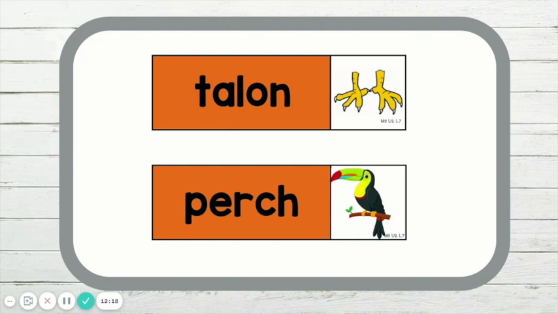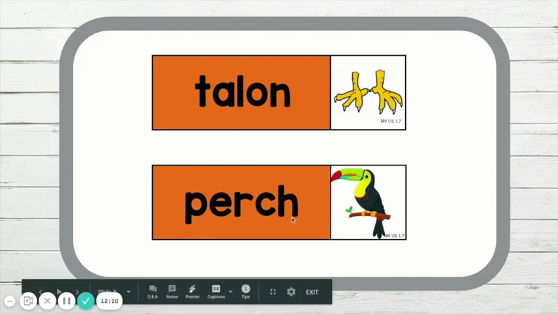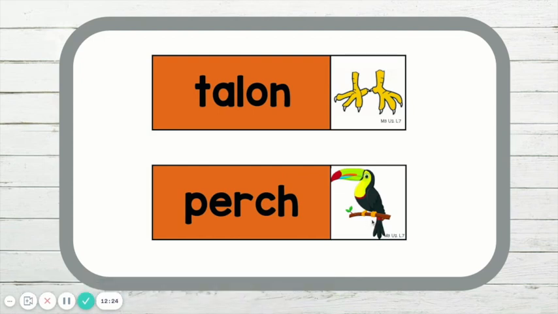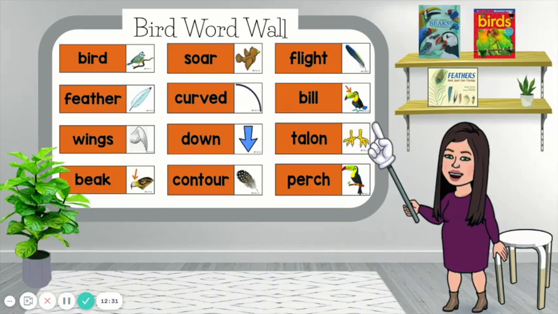Read that word with me. Perch. Perch means to sit up on a branch. Good job. You can see that we've added the words talon and perch to our bird word wall. Look how full our word wall is and our shelves of text.